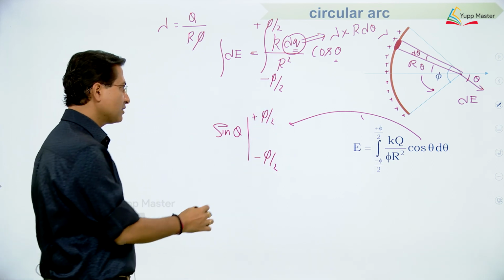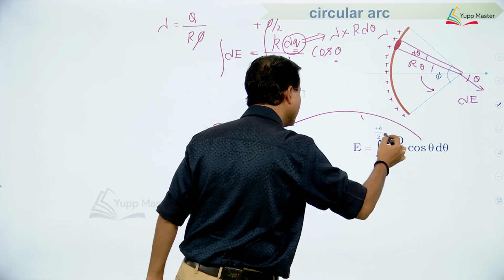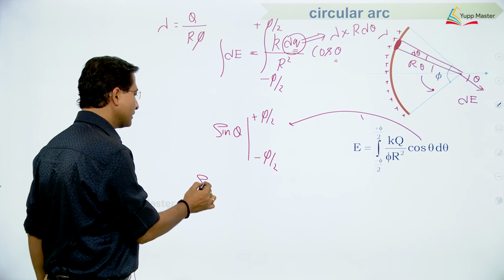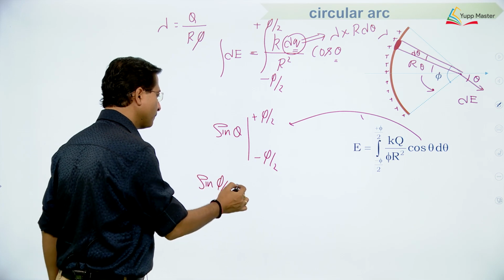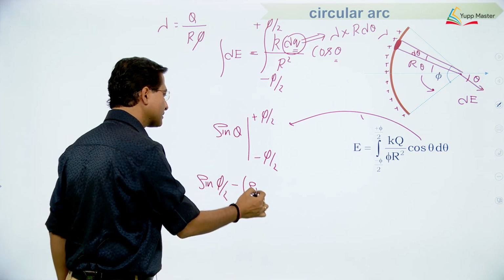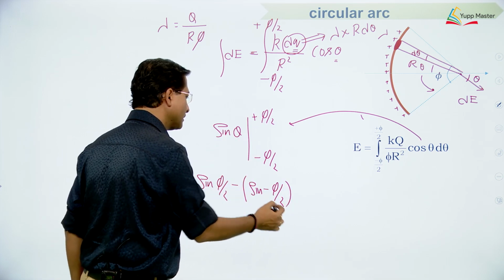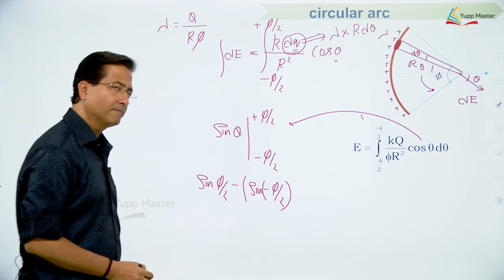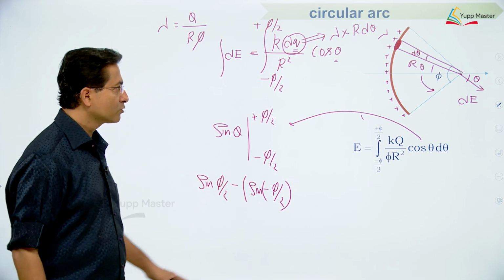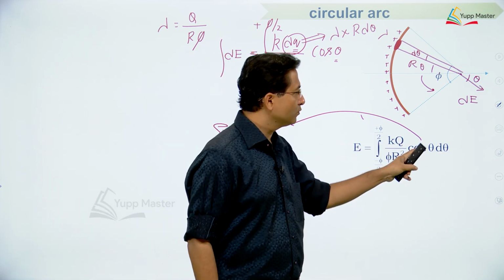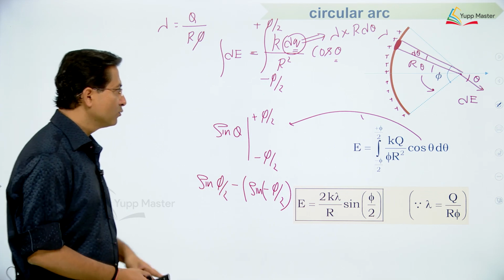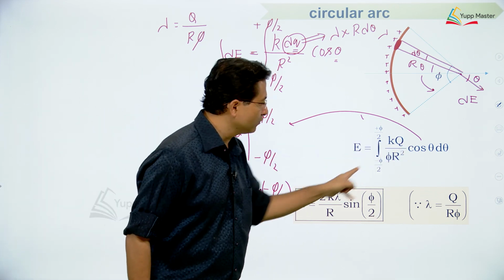If you integrate, just focus only on this term because this whole term is constant, then this can be written as sin phi by 2 minus, in bracket, upper limit minus lower limit, sin minus phi by 2. Sin minus theta is minus sin theta. So this minus and this minus will become plus, and 2 will come in front. So the whole integration will give you an additional 2 in front.